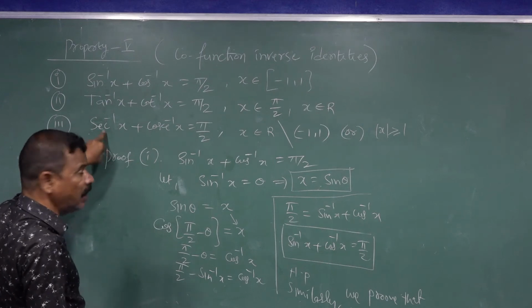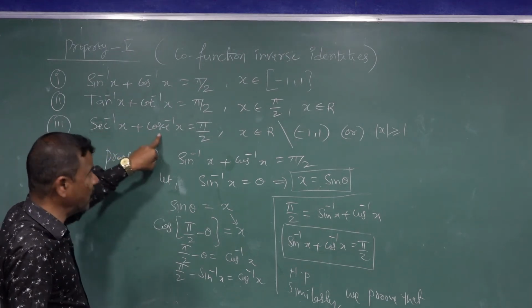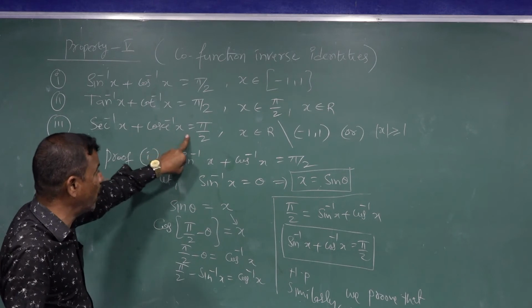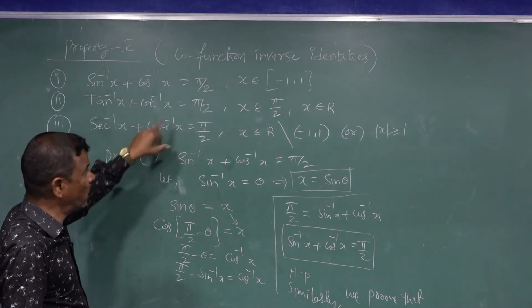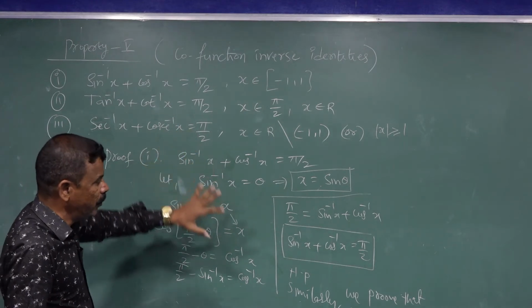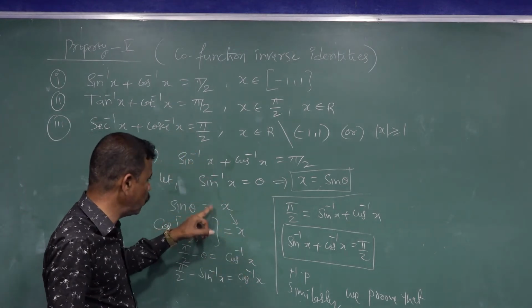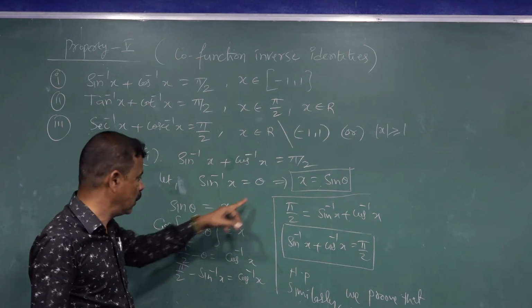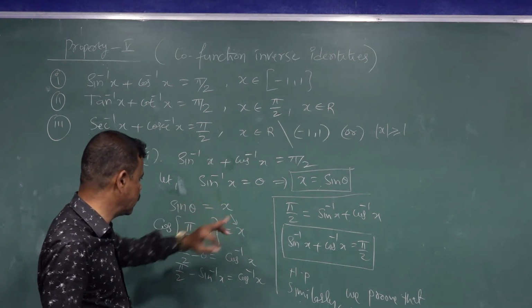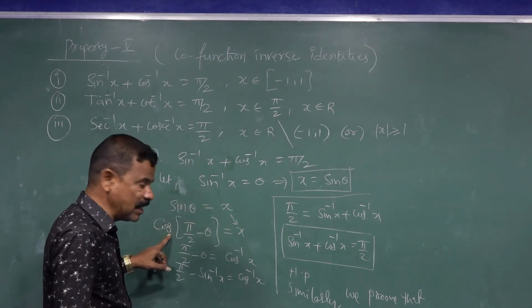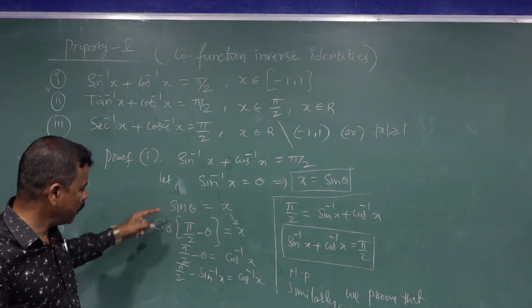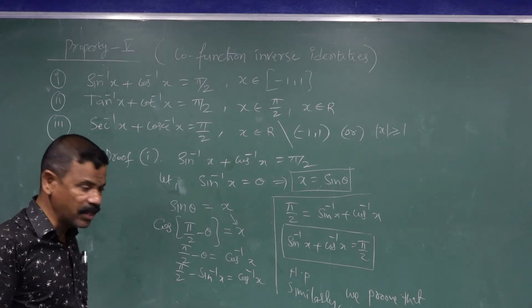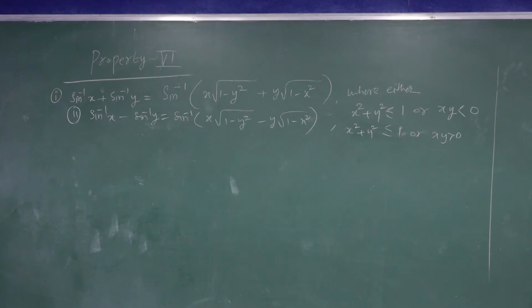Sec inverse, its cofunction cosec inverse, is equal to π by 2. So you understand this proof: sin inverse x is equal to theta, then sin theta is equal to x. This is converted to cos: cos of 90 minus theta is equal to sin theta. Then take cos outside as cos inverse x. Then we will get the formula.